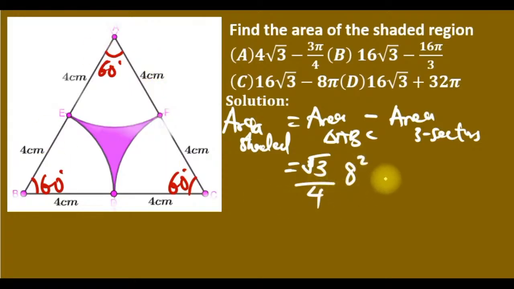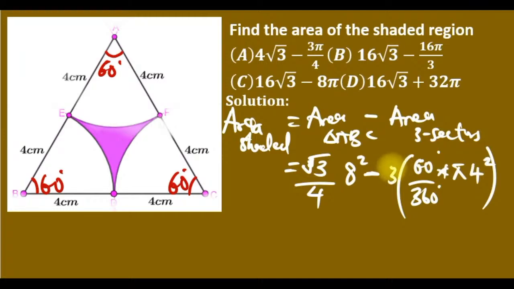So that's the formula for the area of an equilateral triangle, minus the area of a sector, which is theta over 360 times pi r squared. So the angle is 60 over 360 times pi r squared. Our radius is 4. But this is just the area of one sector, so we'll multiply by 3 to have the area of the 3 sectors.